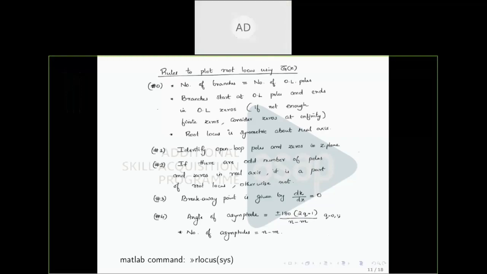There are a lot of advantages, so I'm not taking much time to discuss them right now. I'll just give a reference textbook for that. There is a textbook by M. Gopal, Digital Control System. I think that's the name. So I'll just mention some of the advantages.